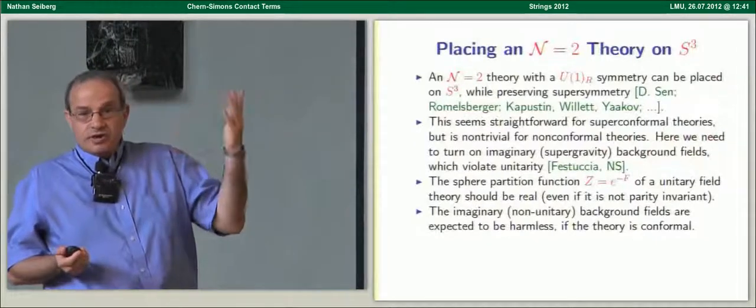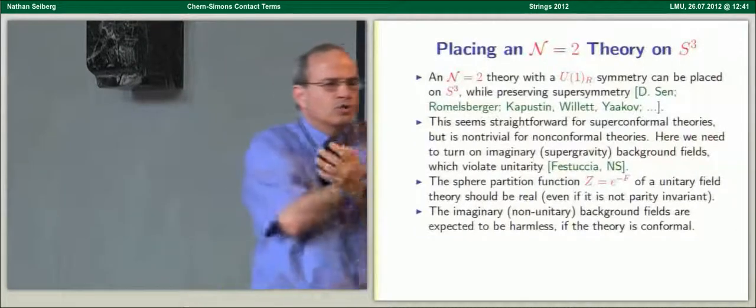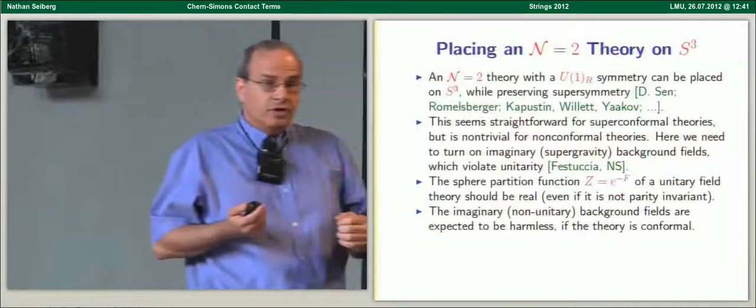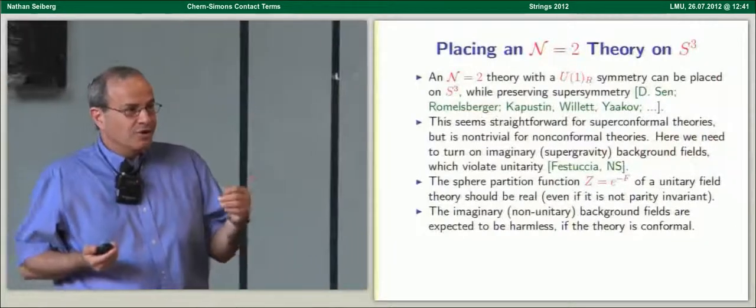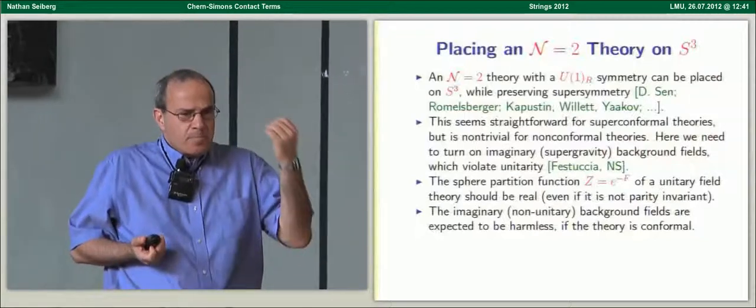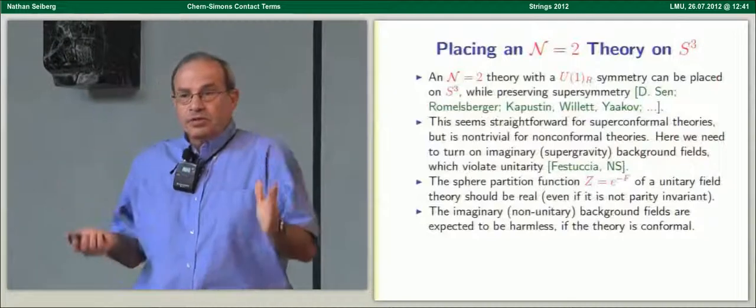The theory is not parity invariant, they're not the same. But if the theory is unitary, the two contributions should be complex conjugate of each other, and therefore when we add them together, the partition function has to be real. So a unitary field theory must have a real partition function.